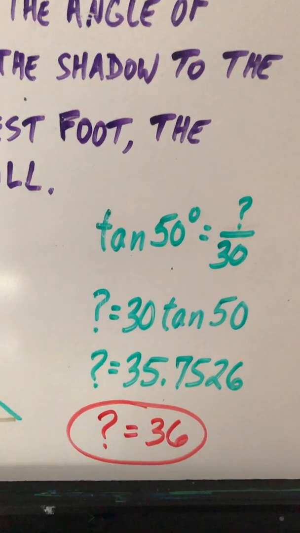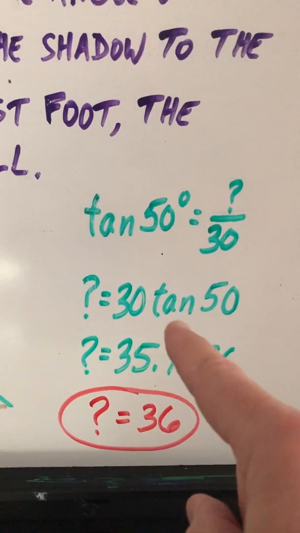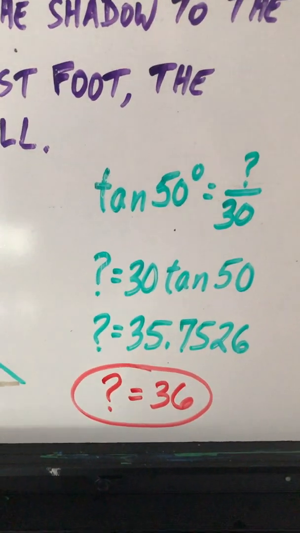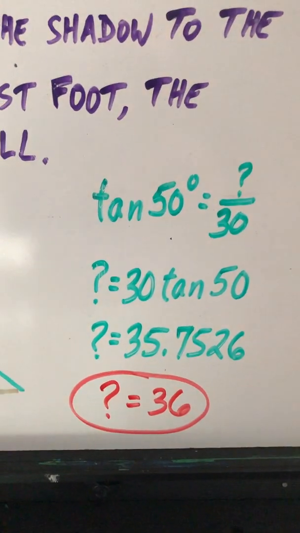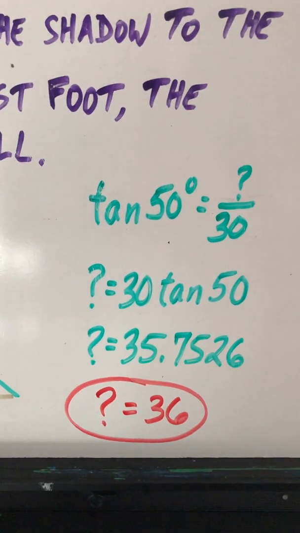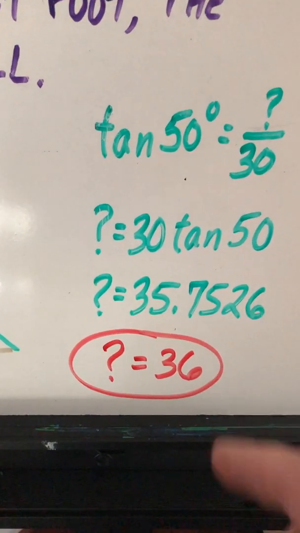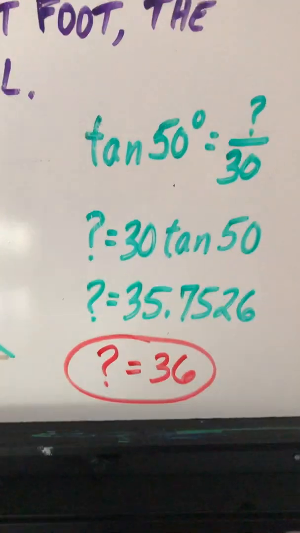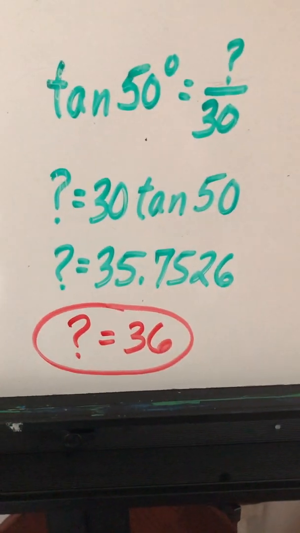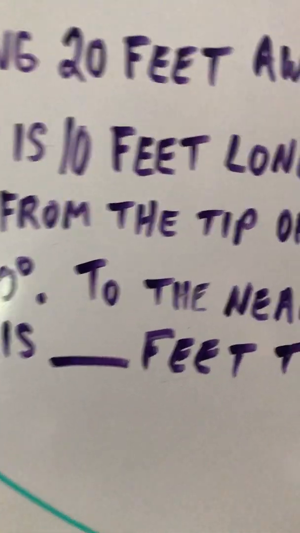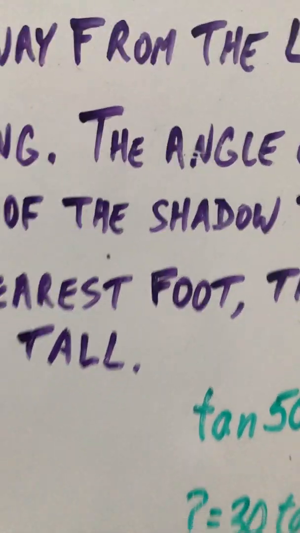I'm going to cross multiply and get 30 tan 50. On your calculator, 30 tan 50 is going to give you 35.7526. You have to round that to simply 36 feet. Do not leave a decimal in this problem when it says to the nearest foot.